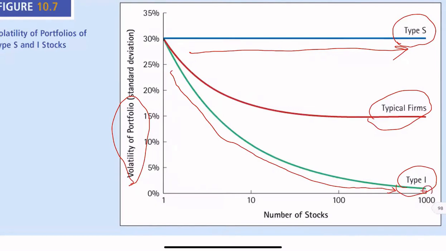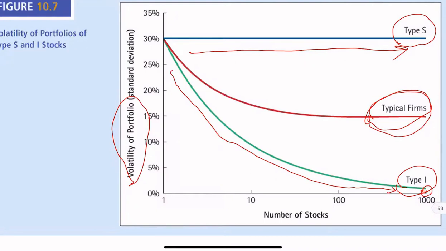This tells you that because these firms contain only firm-specific risks, you could diversify away all their firm-specific risks, and in the end, you will get almost a risk-free portfolio. And a typical firm contains both types.